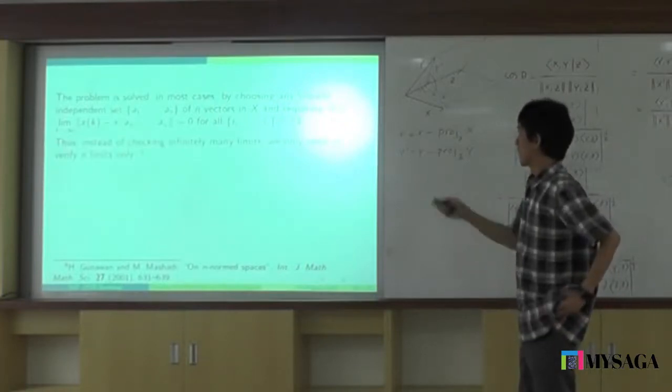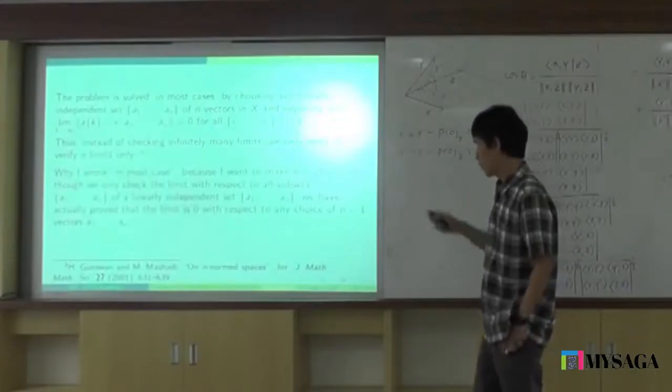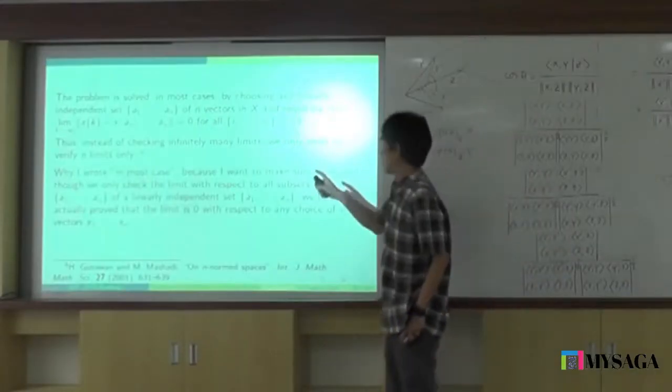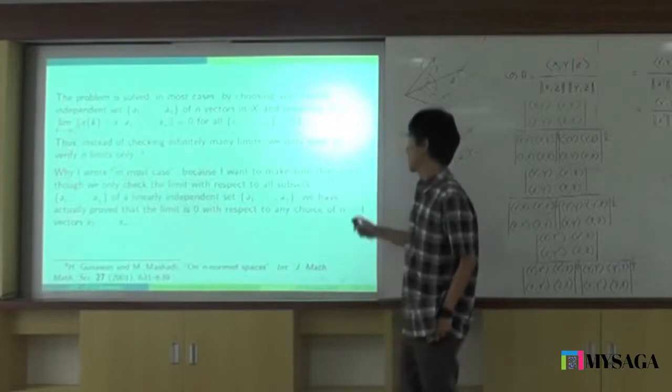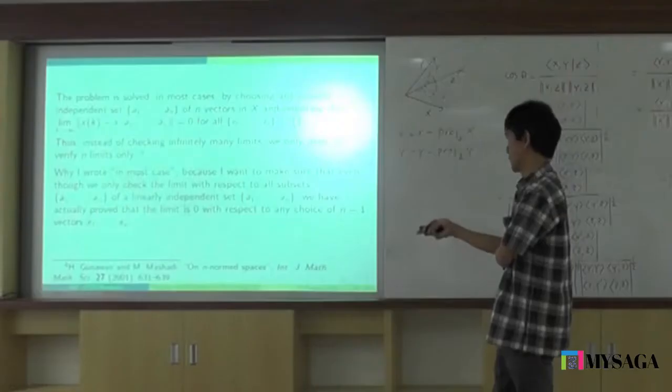Yeah? Okay, I've said this already, that instead of checking infinitely many limits, we only need to verify n limits only. So why did I write in most cases? Because I want to make sure that we can get the original definition of convergence, even though I only work with this finite set of vectors.